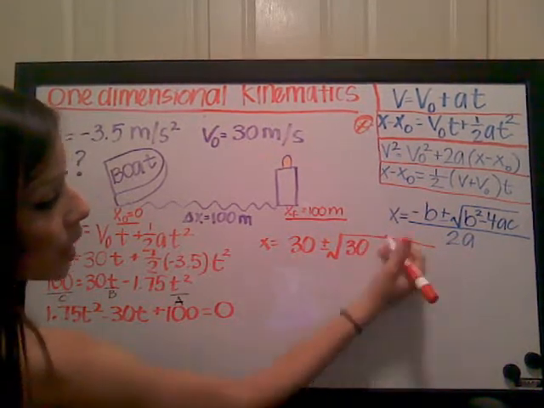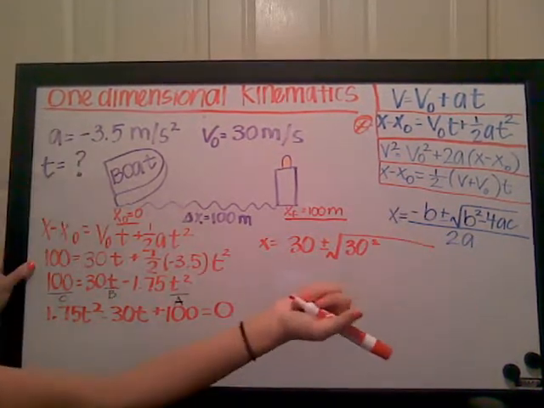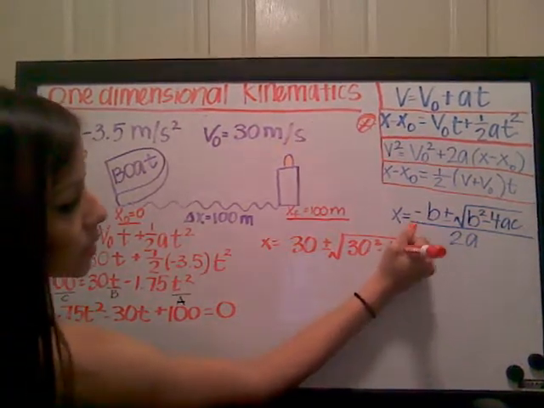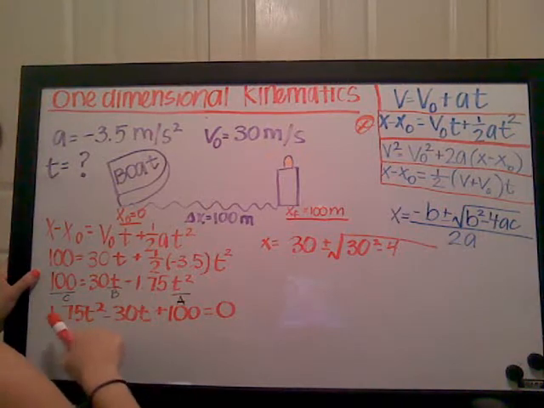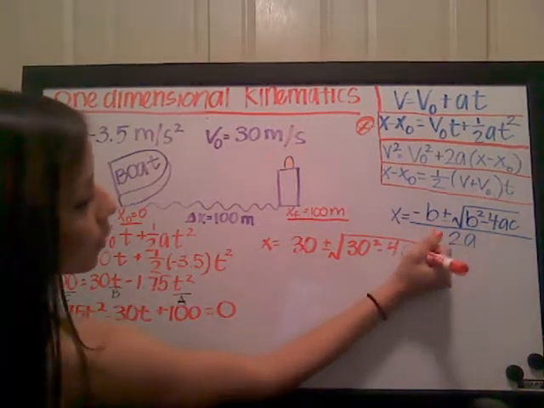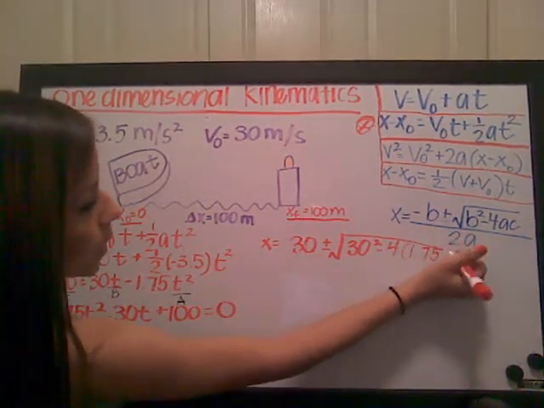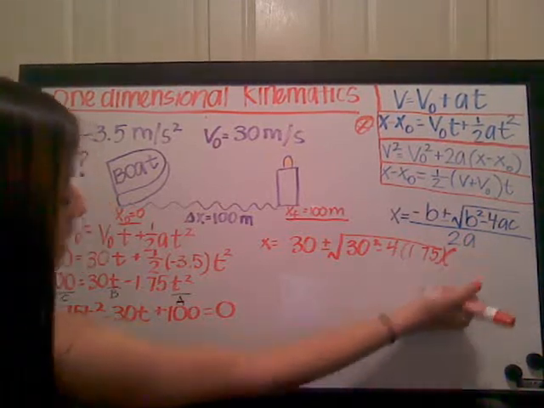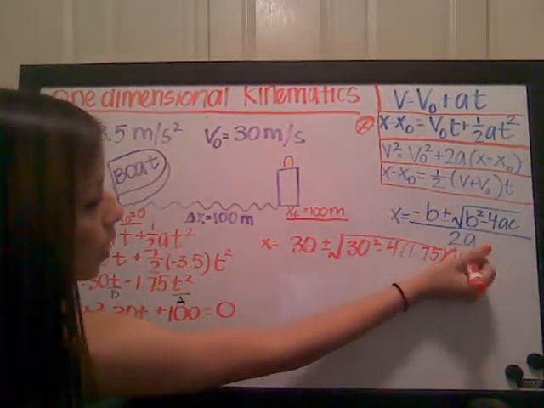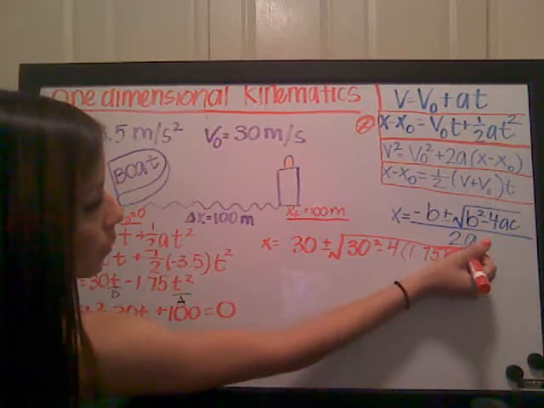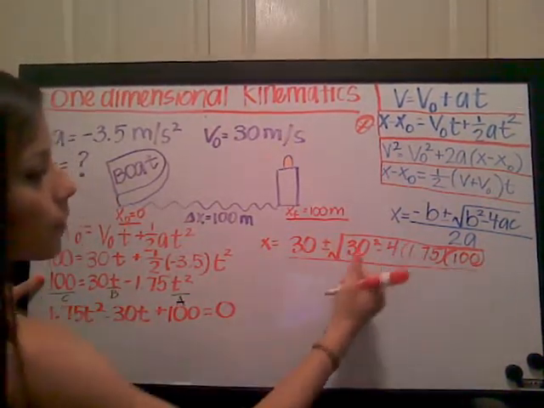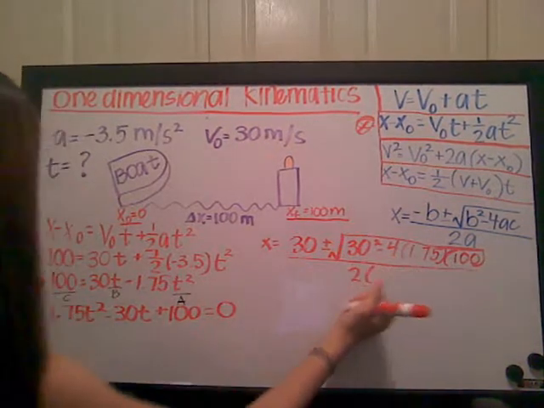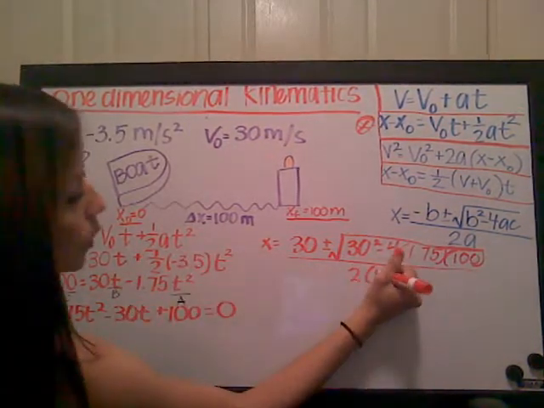Since I'm squaring it, I can just leave it as a positive, it doesn't really matter, minus 4 times my a, which is 1.75, times my c, which is 100, all divided by 2 times my a value, which again is 1.75.